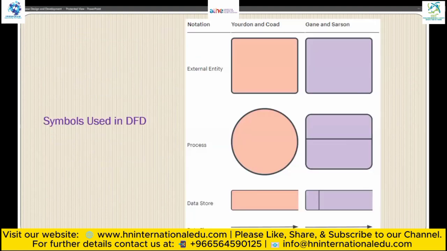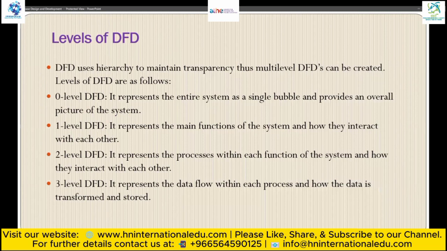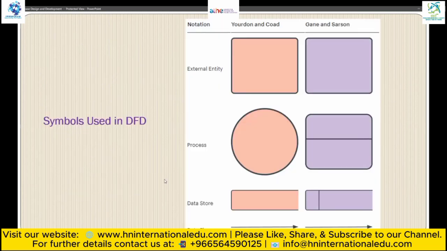These are some symbols that we use in DFD: data stores, arrows, external entity, data flow, and process, how we are going to process. These are the notations that are expressed by Yourdon and Coad and Gane and Sarson.